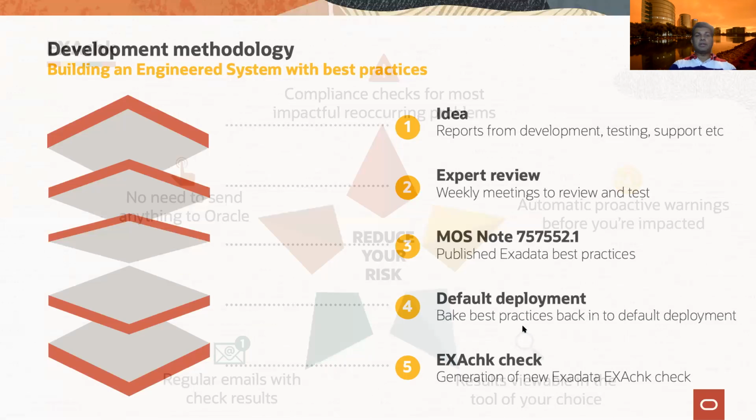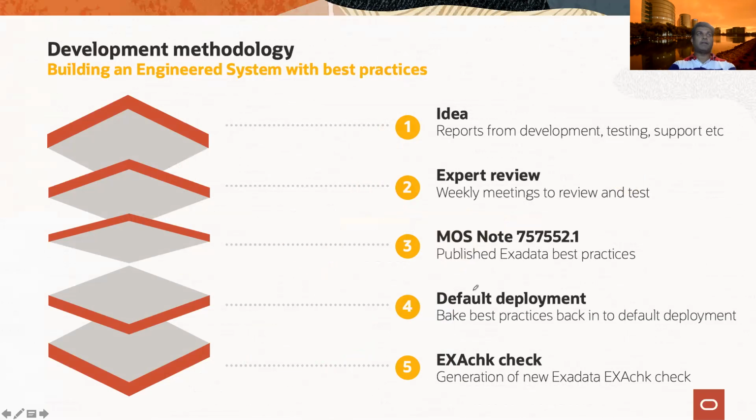Now, how do we build this tool? First of all, a lot of ideas come in, so we talk to customers and everybody tells us you can do this, you can do that, you can add these checks, you can make this faster. I wish you could show me something cluster-wide. Then we have an expert review meeting every week to see what can be done. Then we also review the Exadata best practices MOS note. And then we bake this all back into the default deployment.